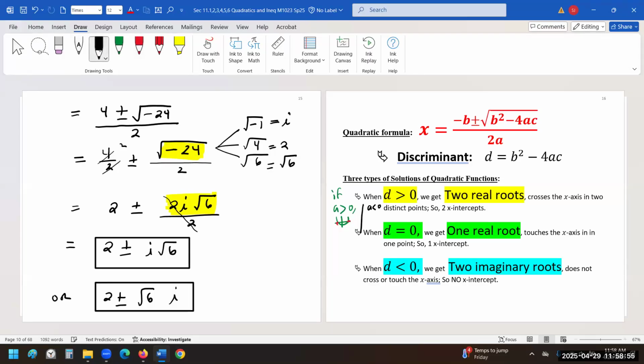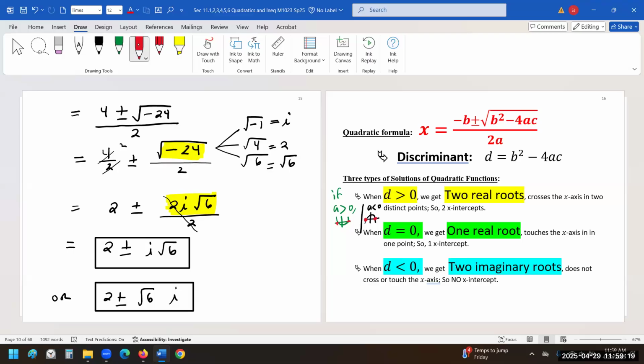But if your a is a negative number, then your graph will have this shape. Again, you're crossing your x-axis twice. So just by looking at the discriminant, we can figure out how many x-intercepts we have and how our graph is crossing the x-axis.